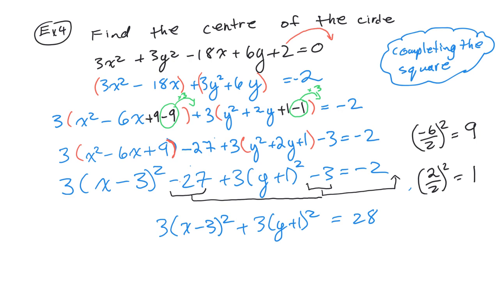And the final thing to do is to get rid of the numbers that are sitting in front of the bracket. So we're going to divide everything by 3.